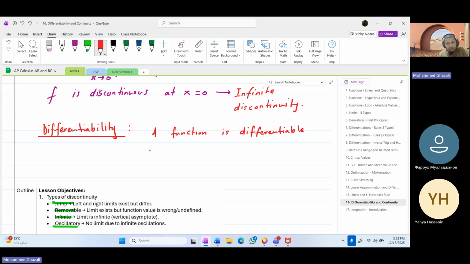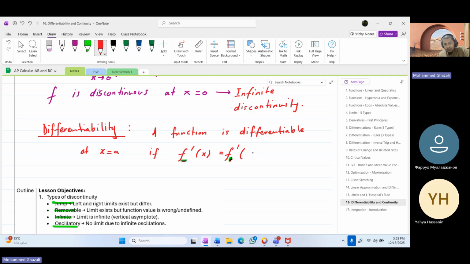A function is differentiable at x equal to a if the differentiability from the left is equal to differentiability from the right. See, f minus at the bottom means left-hand side differentiable, right-hand side differentiable.